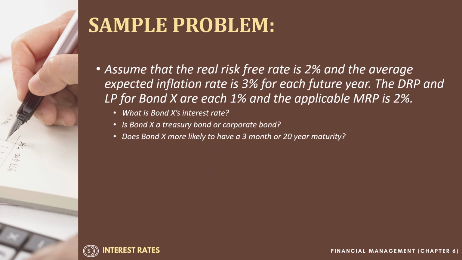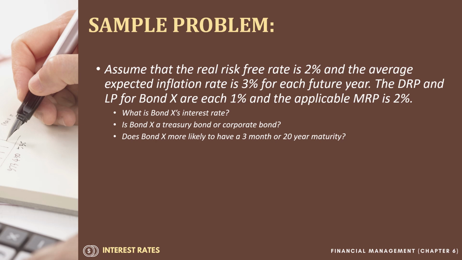Okay, so we have another problem. So assume that the real risk-free rate is 2% and the average expected inflation rate is 3% for each future year. And then the default risk premium and the liquidity premium for bond X are each 1%. And the applicable maturity risk premium is 2%. Now, first question, what is the bond X interest rate?